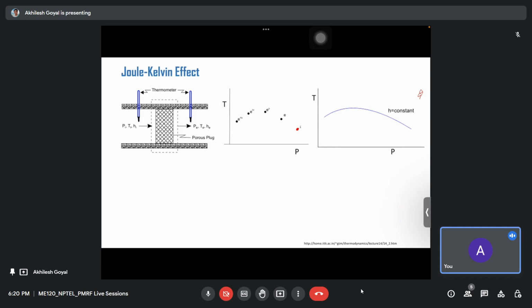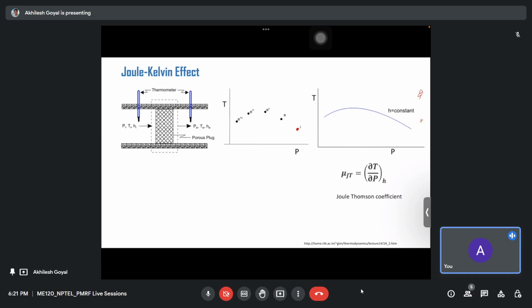Now you can see how this gas behaves when the pressure is dropped in the capillary or expansion valve.